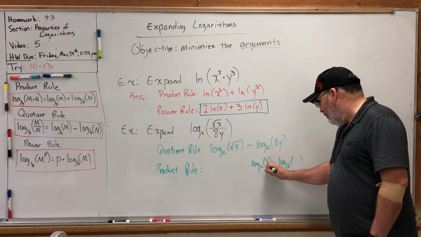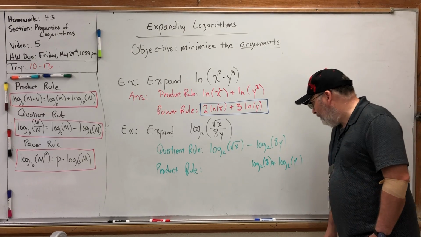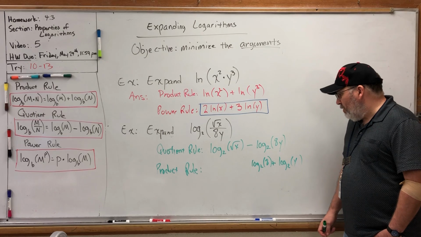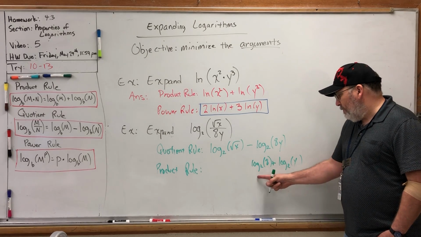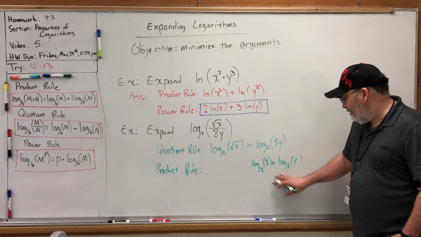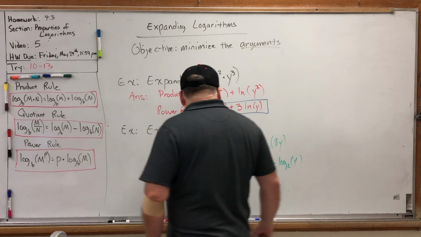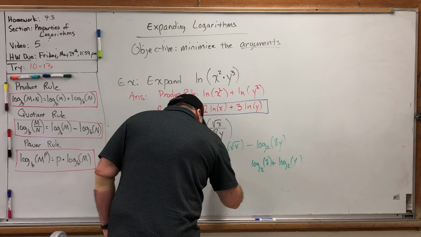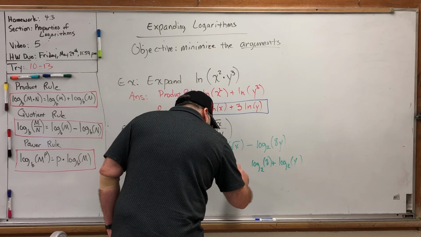So the 8 gets its own log and the y gets its own log. Log base 2 of 8y equals log base 2 of 8 plus log base 2 of y. And we still have the first log over here, log base 2 of the square root of x.